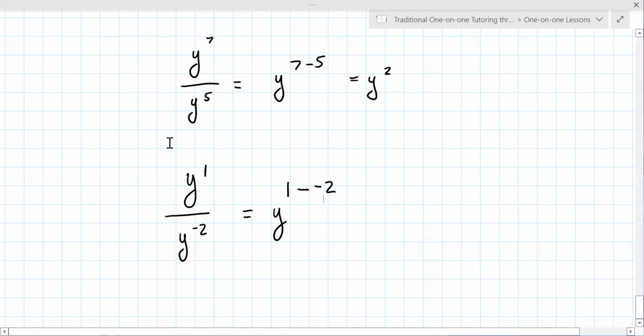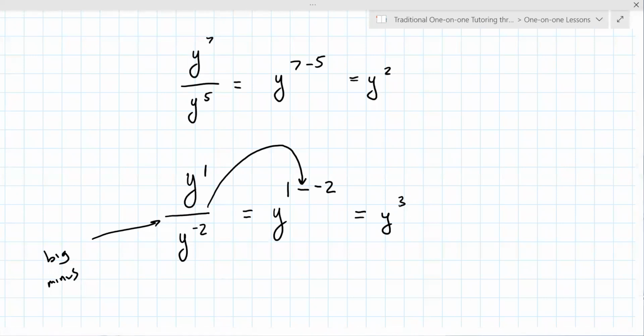And what I really recommend is that you look at this fraction bar like a big minus sign, to help remind you that that goes there. So this becomes y to the power of 3. Any questions on that? No?